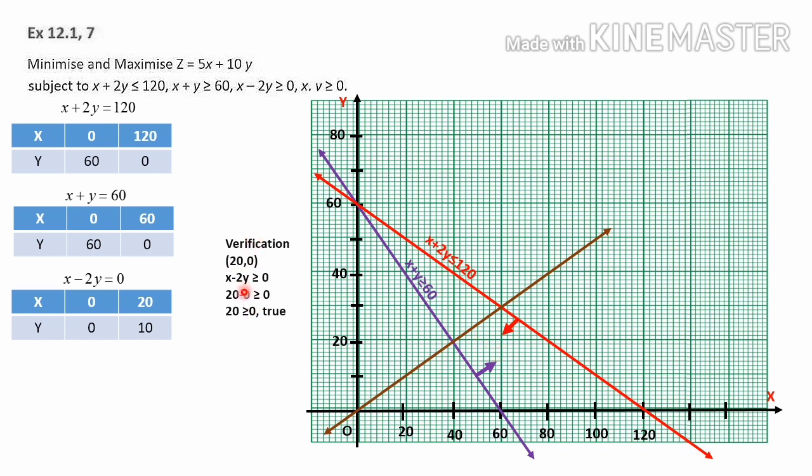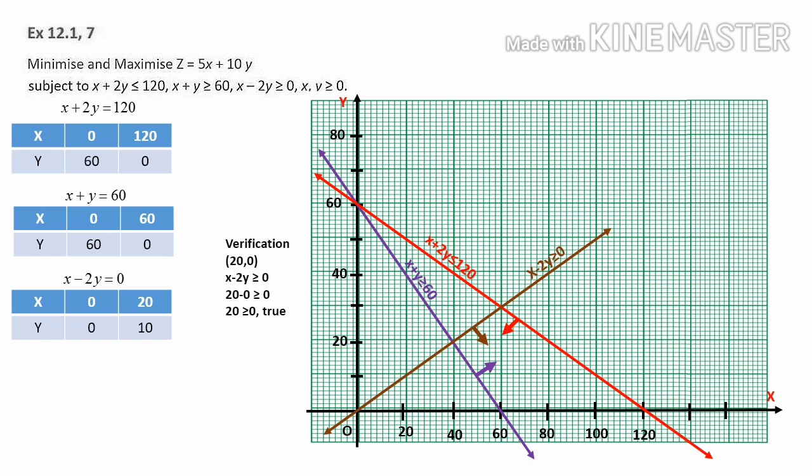When I substitute into x minus 2y greater than 0, 20 minus 0 greater than 0, that is 20 is greater than 0, which is a true statement. Surely 20 is greater than 0. It means the point lies in the feasible region, so below the line is our wanted region. So label it, then label the line as well.